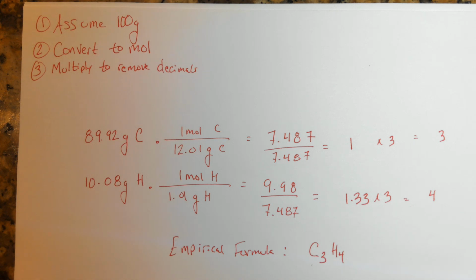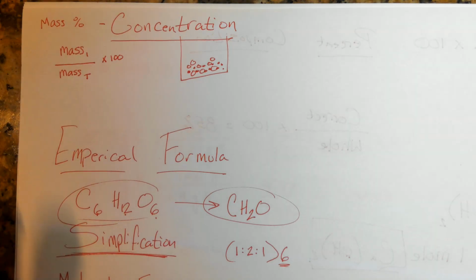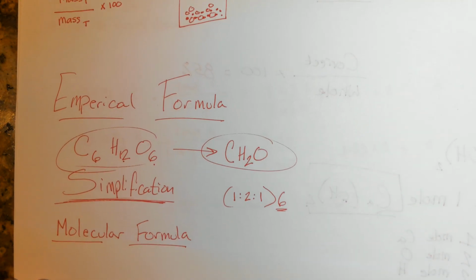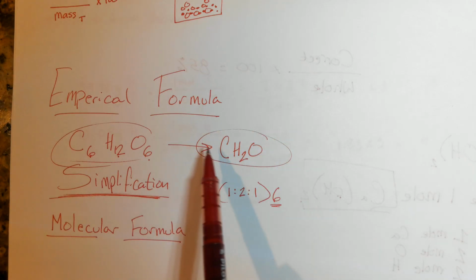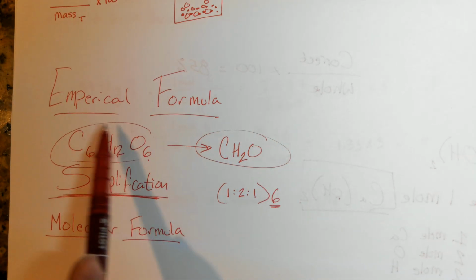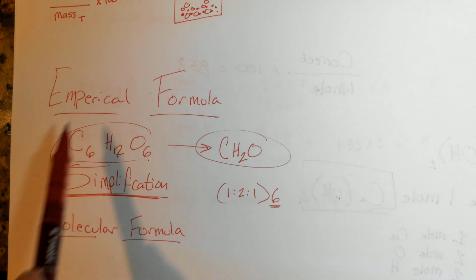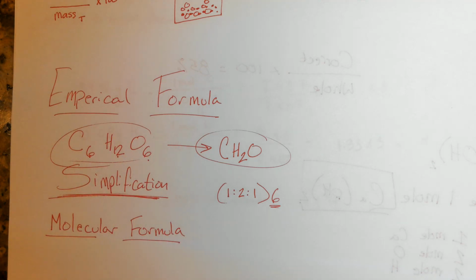Okay, so now we're going to move to the next thing, which is determining the molecular formula. You can remember from all the way at the beginning, where we talked about the difference between empirical and molecular formula, where the empirical formula is the simplified version, and the molecular formula is this expanded version, the actual chemical formula.